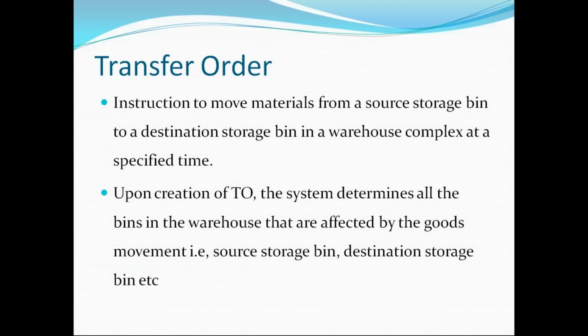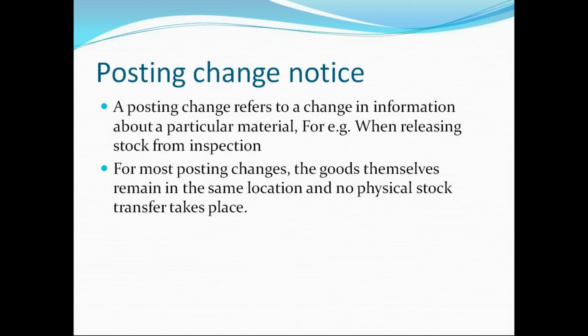Third one is the automatic TO creation. In the automatic TO creation, when we run the program RLAUTA10, the system will check and define how many TOs can be created, and the system will create the TOs. And please note that the system will create the TOs without any errors if the bins are available.